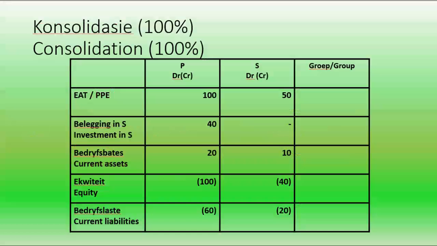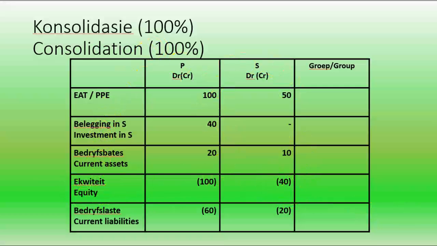So let's look at an example here. Let's assume that P has a 100% interest in S, and P has bought that interest at 40,000 Rand. S then has equity, share capital, of 40,000 Rand.